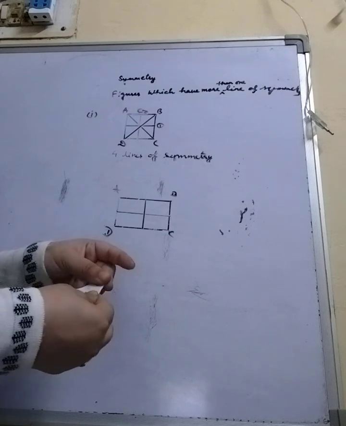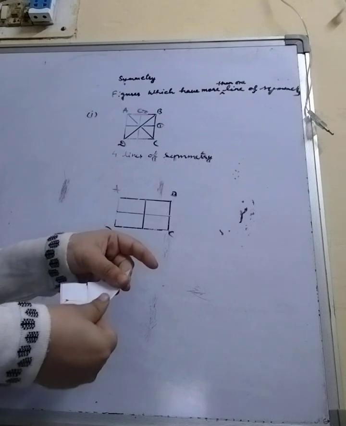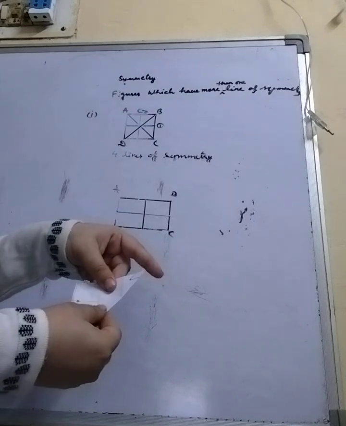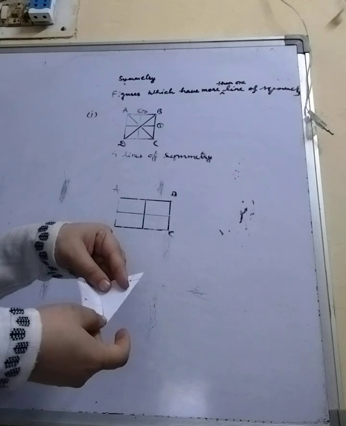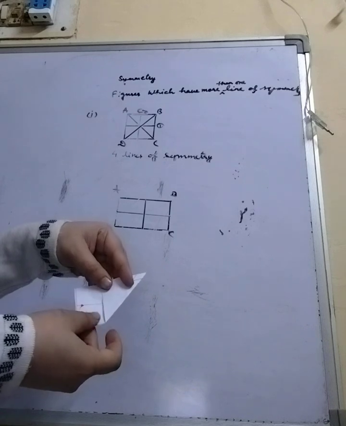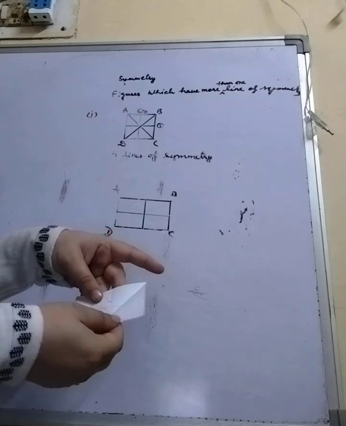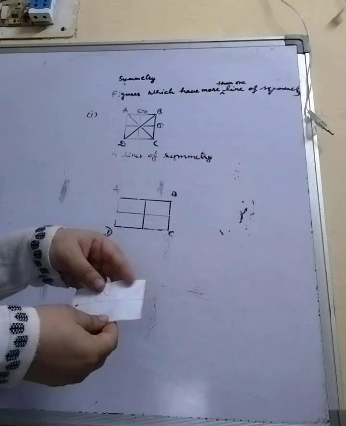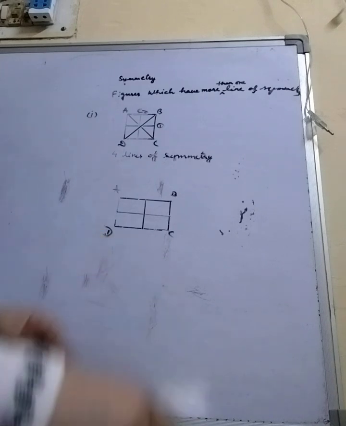Again I fold it along BD. Then again some part is left behind, no overlapping takes place. So you can say that there is no line of symmetry along the diagonals.